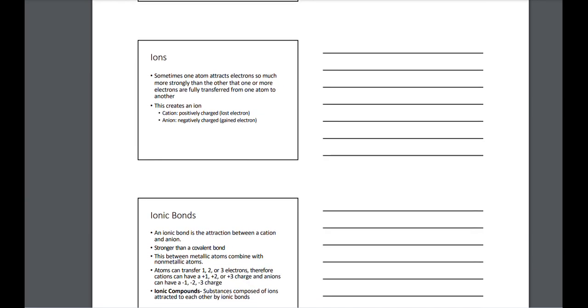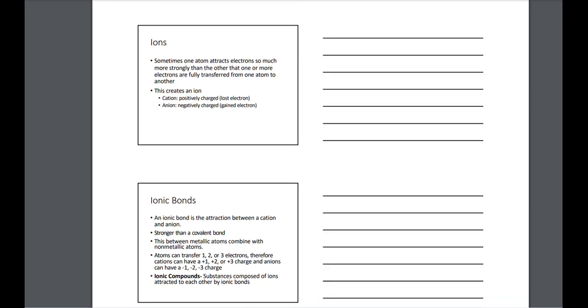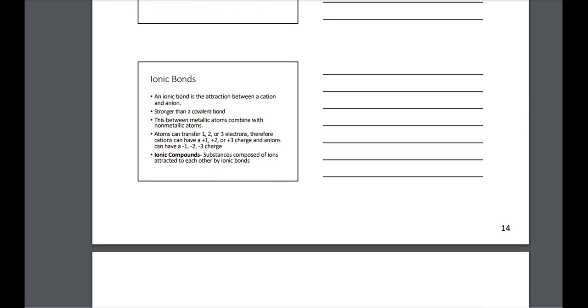The key word here for ionic compounds is the transfer, the full transfer of electrons from one atom to the other, okay? So the ionic compound is the attraction between cations and anions. Once an electron is transferred from one atom to the other, the positively charged particles and the negatively charged particles will start forming a bond.